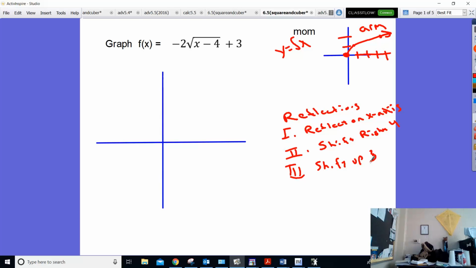Anything else? When it gets taller, even though it goes down, it's taller, you can stretch. Vertical stretch. What you got, Austin?